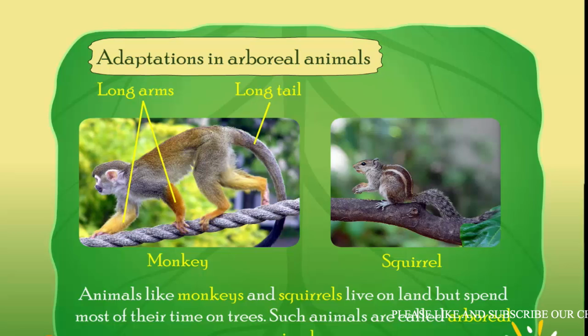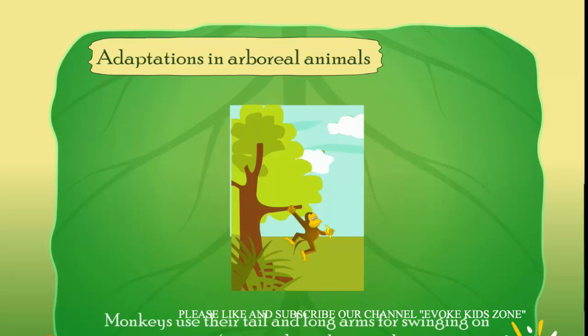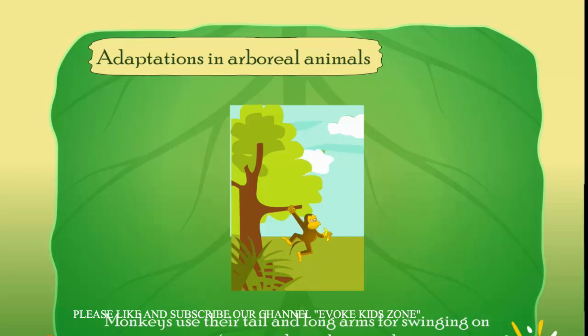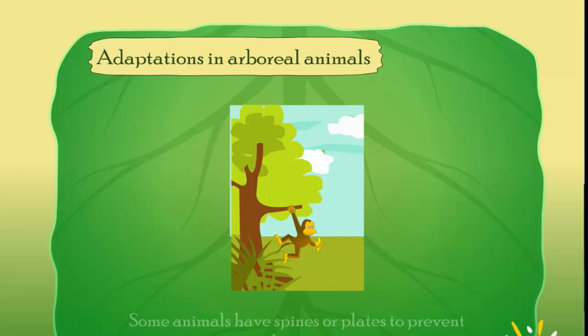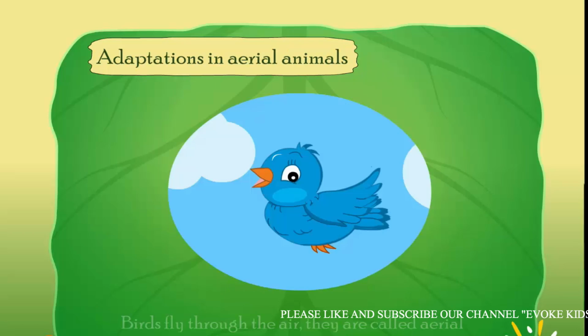Such animals are called arboreal animals. Monkeys use their tail and long arms for swinging on trees from one branch to another. Arboreal animals also have claws to support them while climbing. Some animals have spines or plates to prevent slipping.